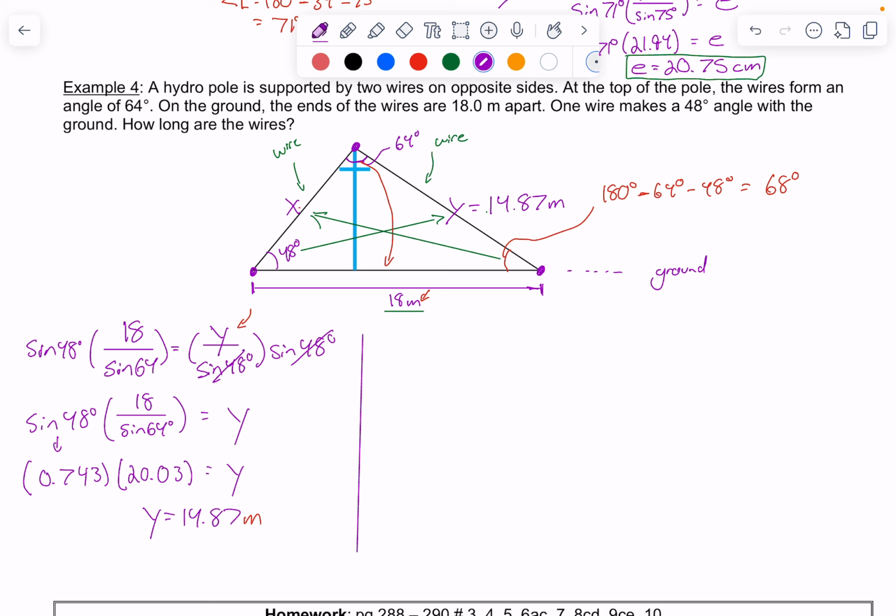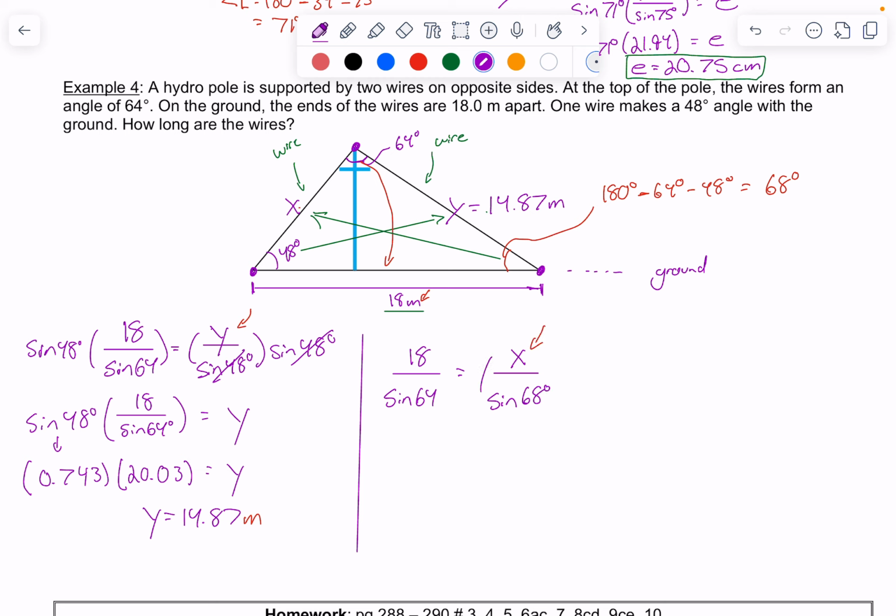So set up what you know. We have 18 divided by sine 64, and we set that equal to what we're looking for, x, divided by its opposite angle, sine 68 degrees. You've set it up correctly because this is your only unknown.